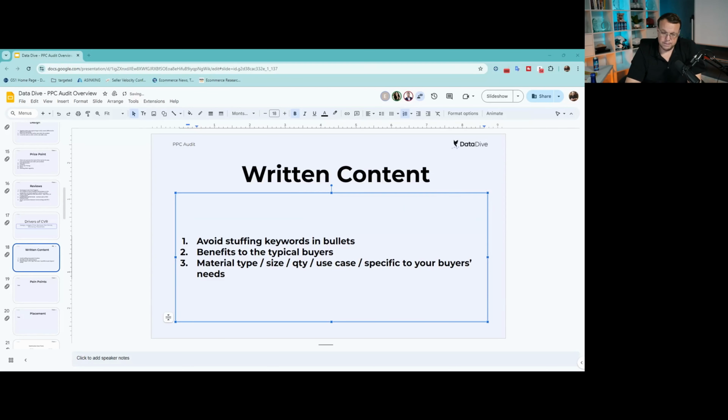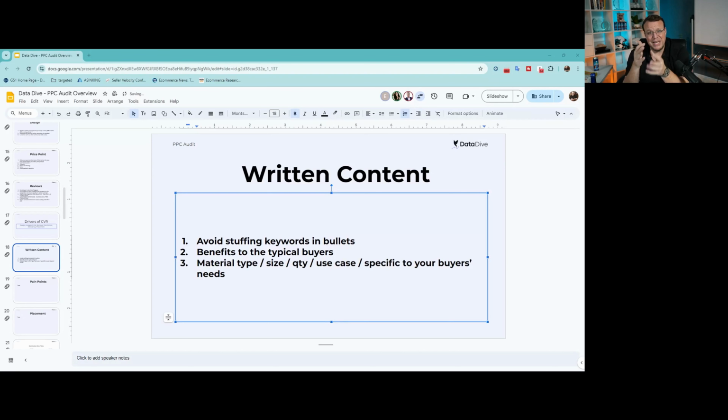Here's a really big one. At the end of the day, almost every single person shopping on Amazon and buying almost any product there has a specific reason they're buying it. And if you don't know what that typical reason is, and you don't write it into the listing, most of the time they're just going to leave and go to a listing where it is specifically mentioned.